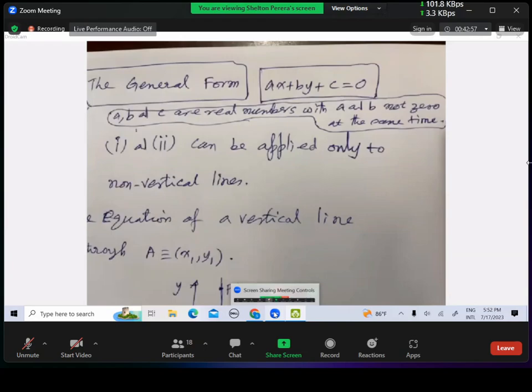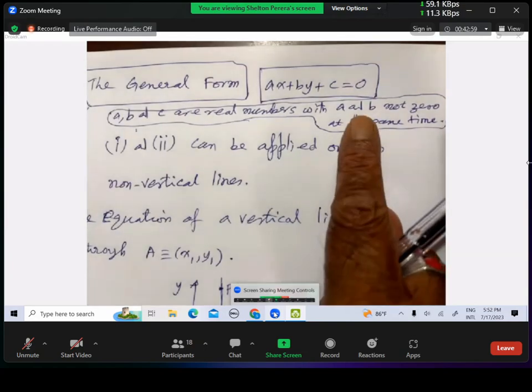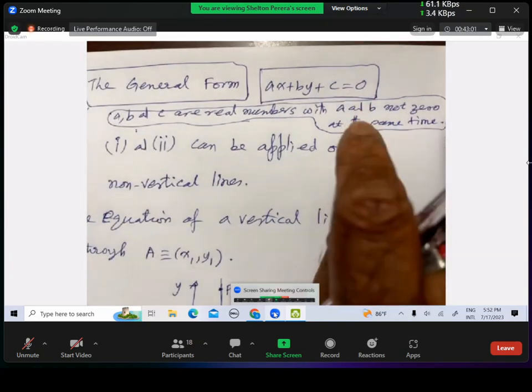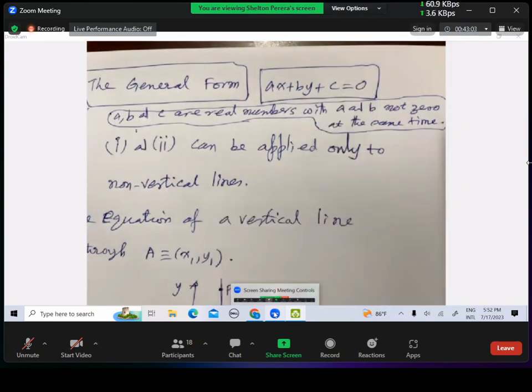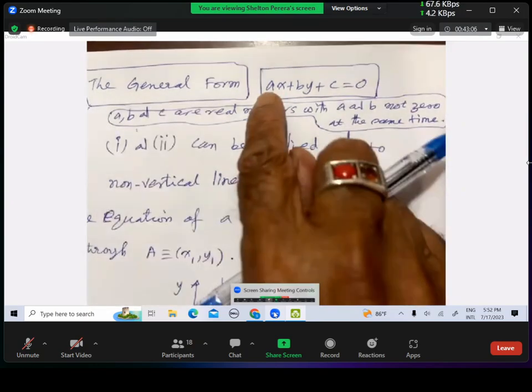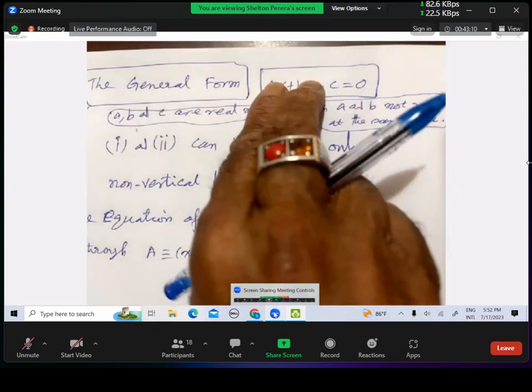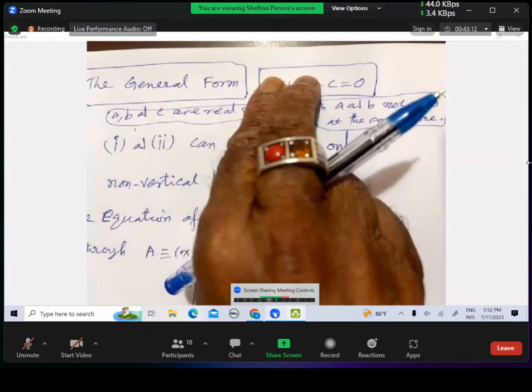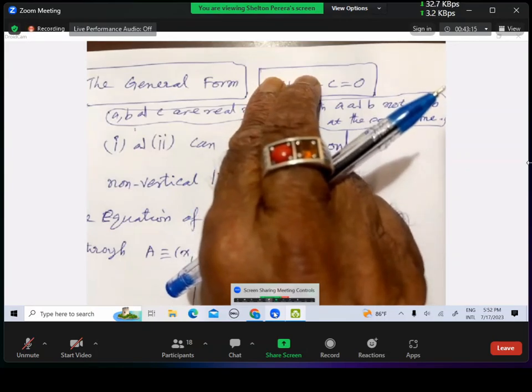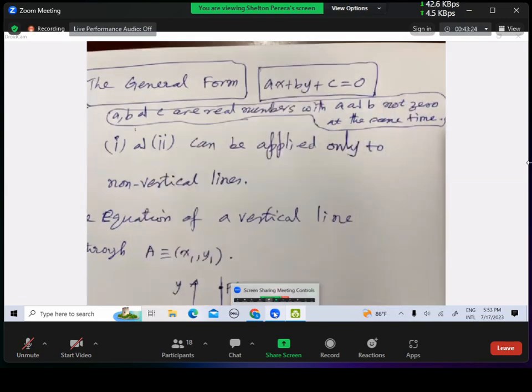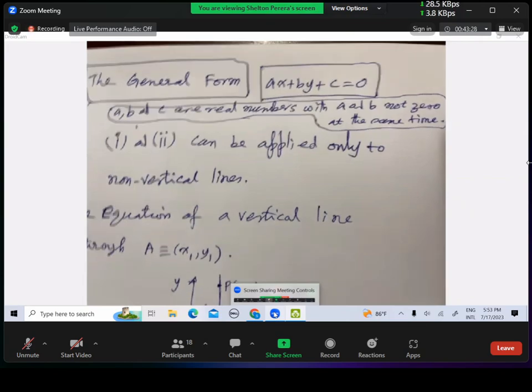Whether you understand it at this point or not, I have to say it. Otherwise, I'm lying. If a and b are both 0, you don't get a straight line, just c equals 0. If c is 0, it's the entire plane. If c is not equal to 0, then no graph exists.